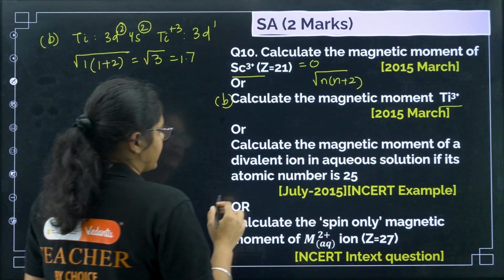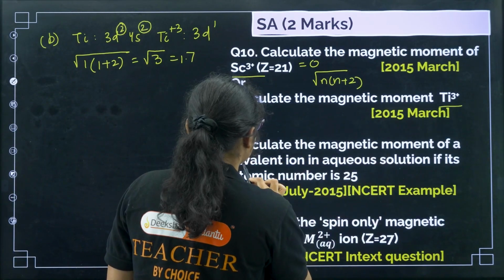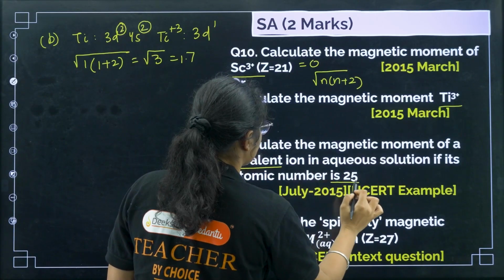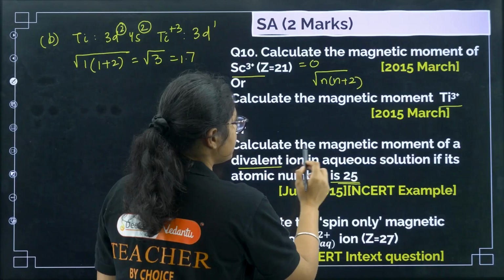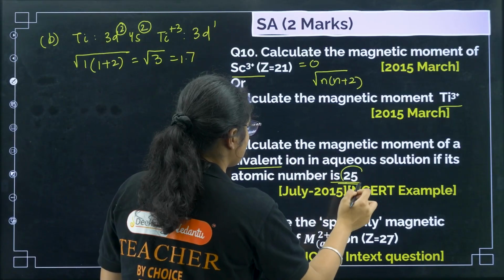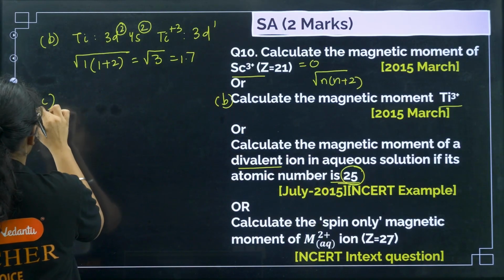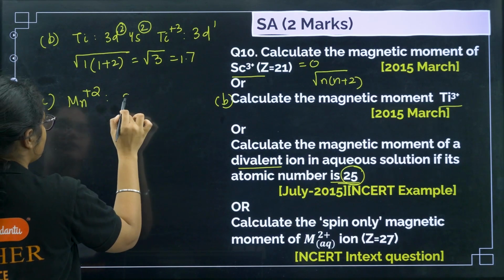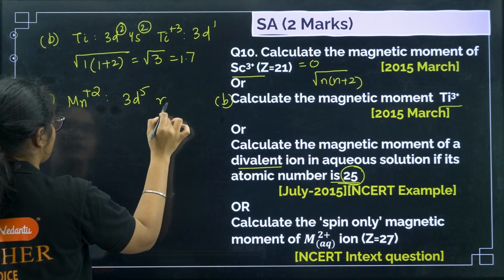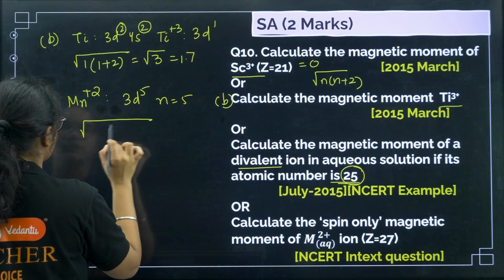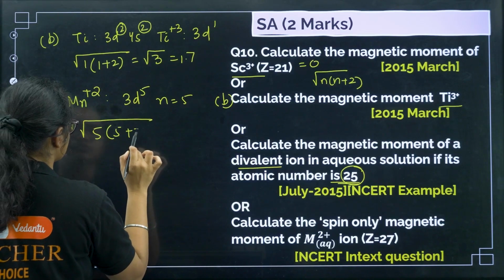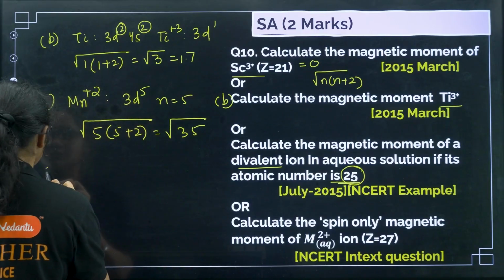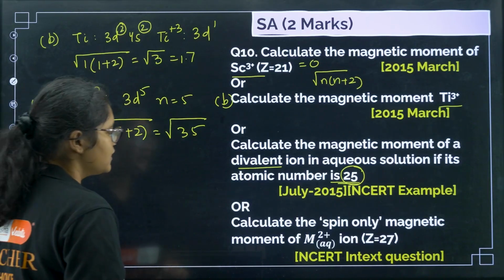Okay. Next, calculate the magnetic moment of a divalent ion in aqueous solution if its atomic number is 25. Atomic number 25 means it is manganese, right? Mn2 plus, divalent ion. Mn2 plus configuration is d5, unpaired electrons is 5, so root over 5 into 5 plus 2, that is root over 35. You can calculate this one or you can just write it like this.